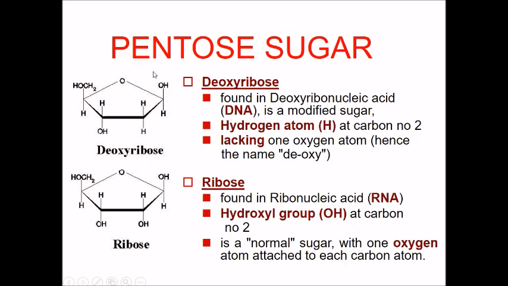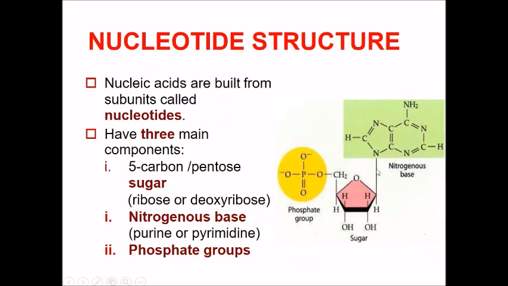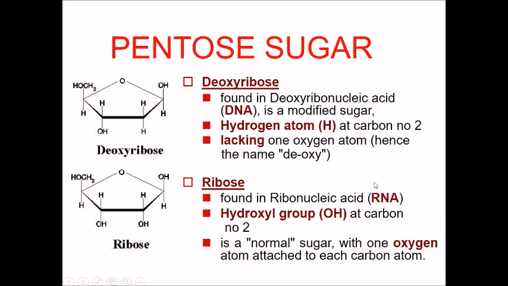So the first component is the pentose sugar. Here, this one, the pentose sugar, is the 5 carbon sugar of the nucleotide. As you can see over here at carbon number 2, deoxyribose sugar does not have oxygen attached to hydrogen here at carbon number 2.